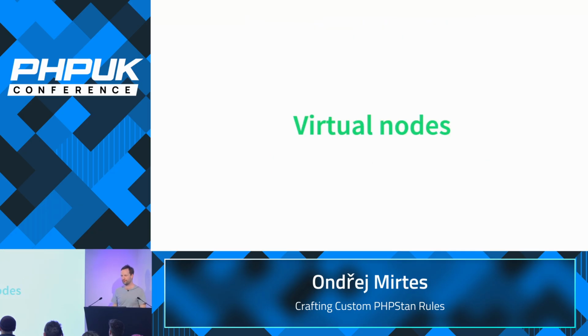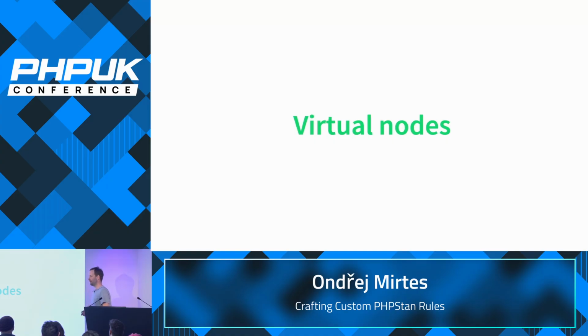All right, I promised you to talk about virtual nodes, which are those special nodes from the PHPStan namespace. So the rule interface works well if you want to detect something that's present in the code, but it doesn't work that well if you want to detect something that's missing in the code, right?